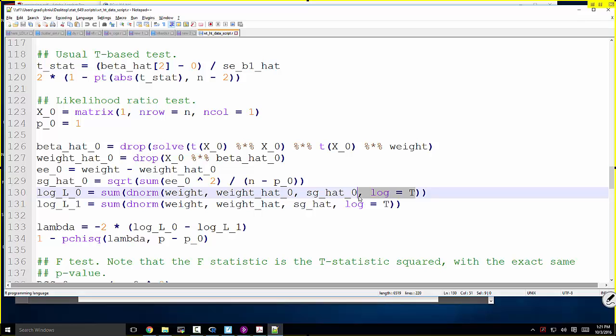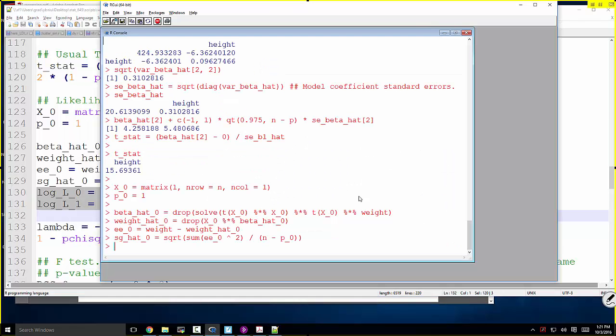That numerical issue will go away if we log transform and sum instead of product. These then are going to be log likelihoods. Log likelihood under the null and log likelihood unrestricted.